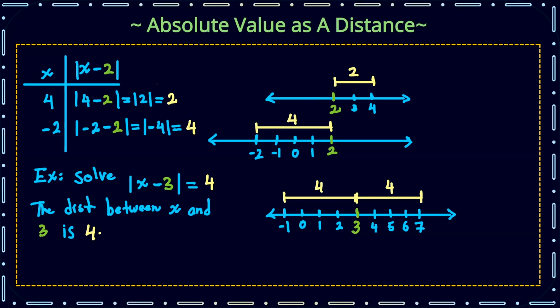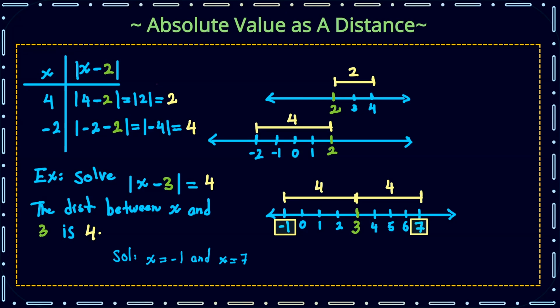One of them is 7 and the other one is -1. From 3, we added 4 to get to one of the solutions, and we subtracted 4 to get to the other solution. Let's write the solutions out. This is just the easiest way to remember how to solve absolute value equations.